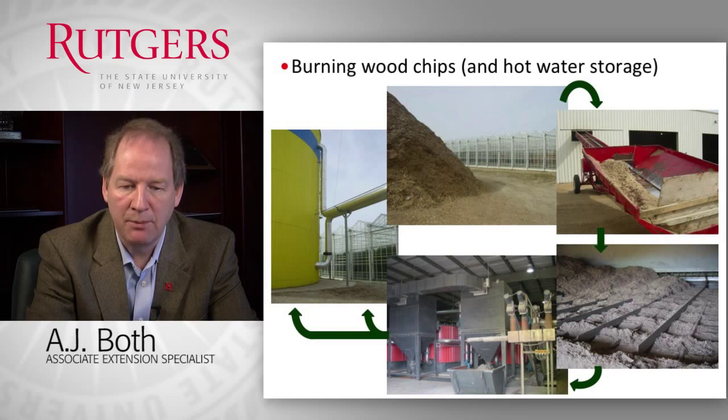That biomass heating system converts that biomass into hot water, and the hot water can then be used to heat the greenhouse. And typically, and as is done in this case, we install an insulated water tank with a system like this to increase the overall efficiency.